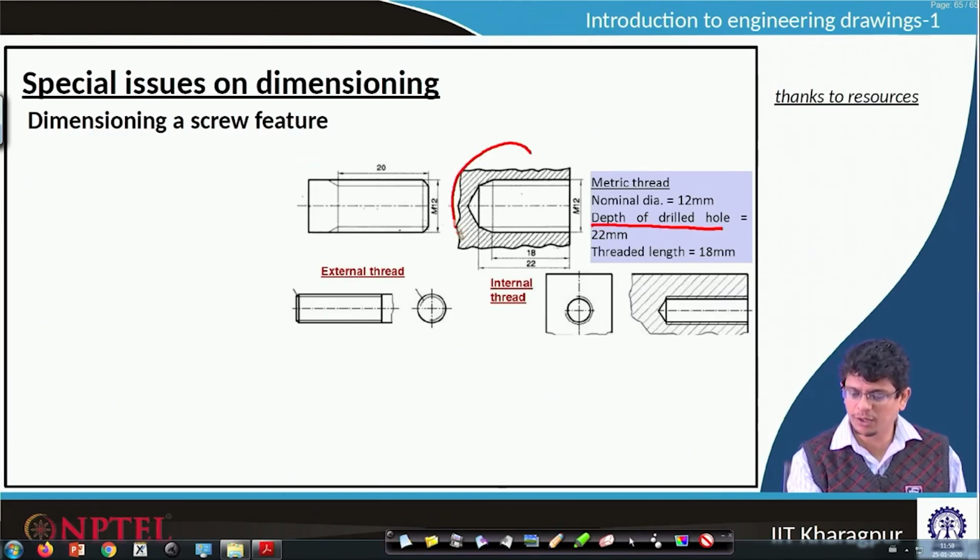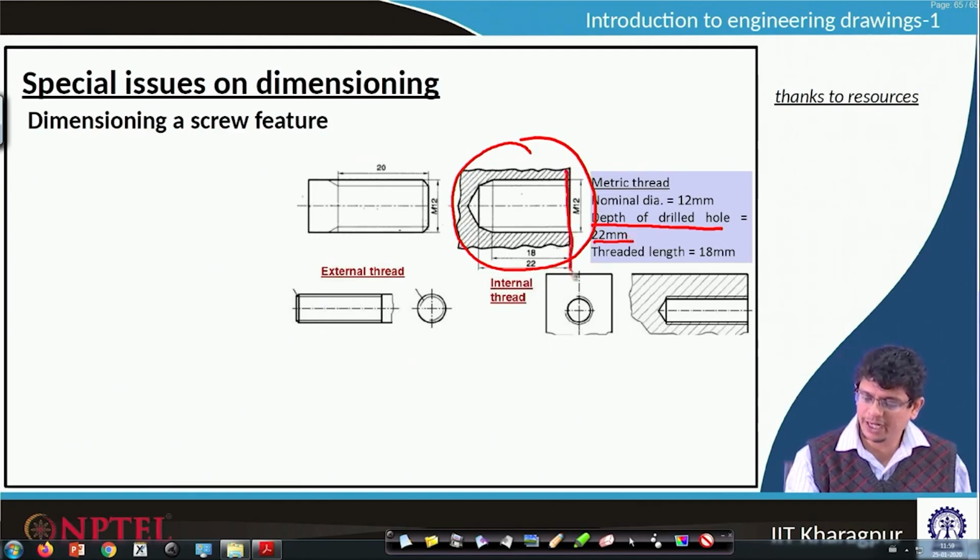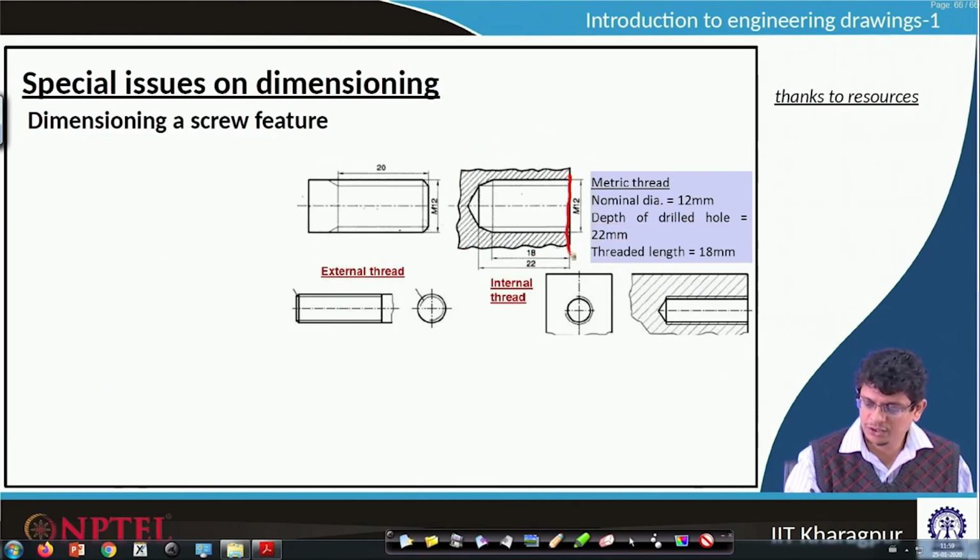For example, for this object, inside there is a hole in which you have a thread. So, the depth is always required. For example, here in this case 12 mm. From one end it is shown 22 mm, this one. So, from here it is 22 mm up to this portion.